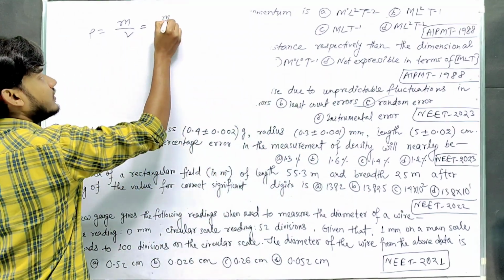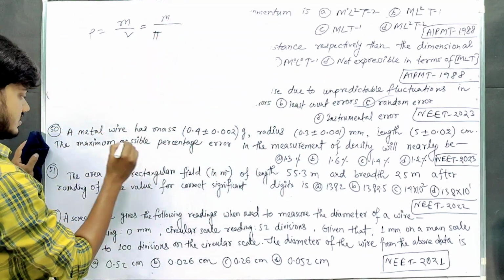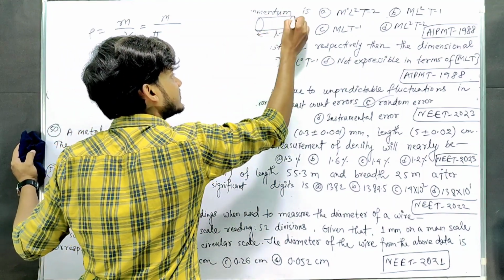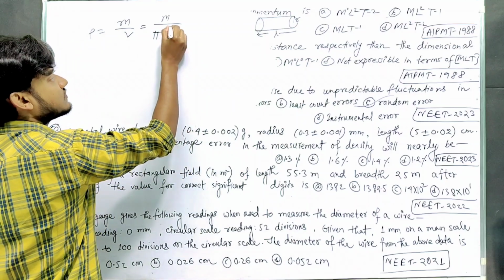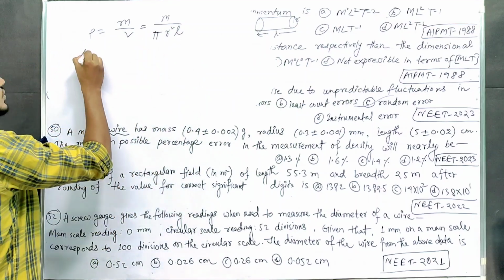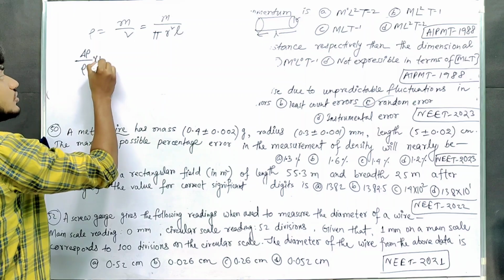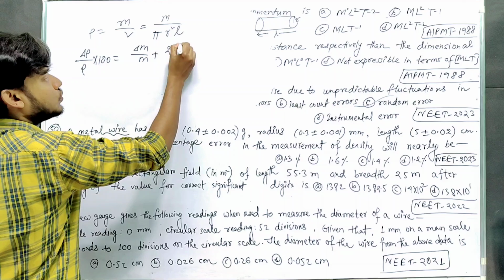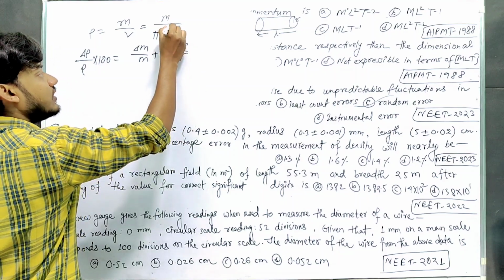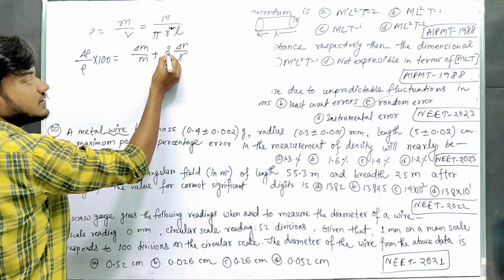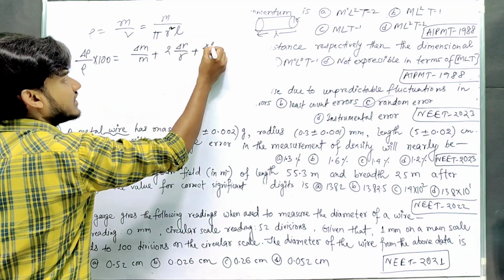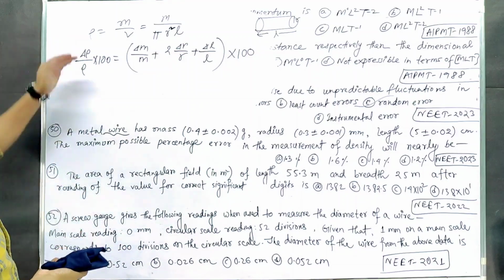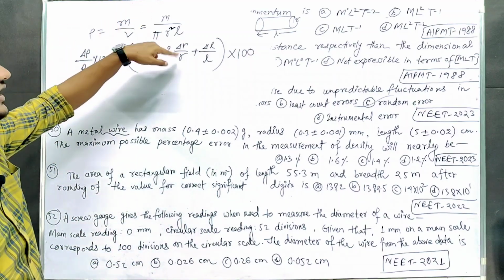So the volume of a wire, always consider the wire as cylindrical. This is length, this is radius. Volume is πr²L. We know the maximum percentage error, Δρ/ρ × 100 equals Δm/m plus 2Δr/r plus ΔL/L, times 100, since the power of r is 2. This is the formula we know.